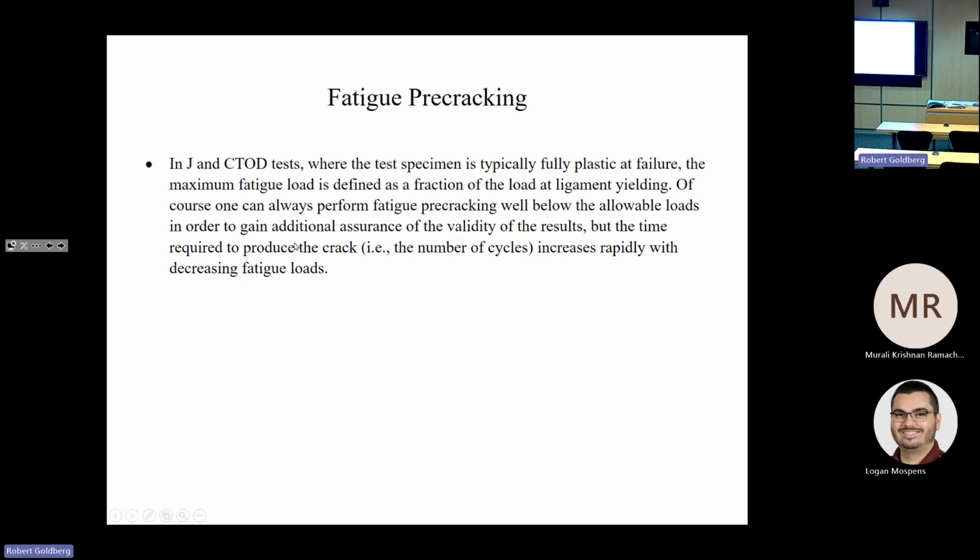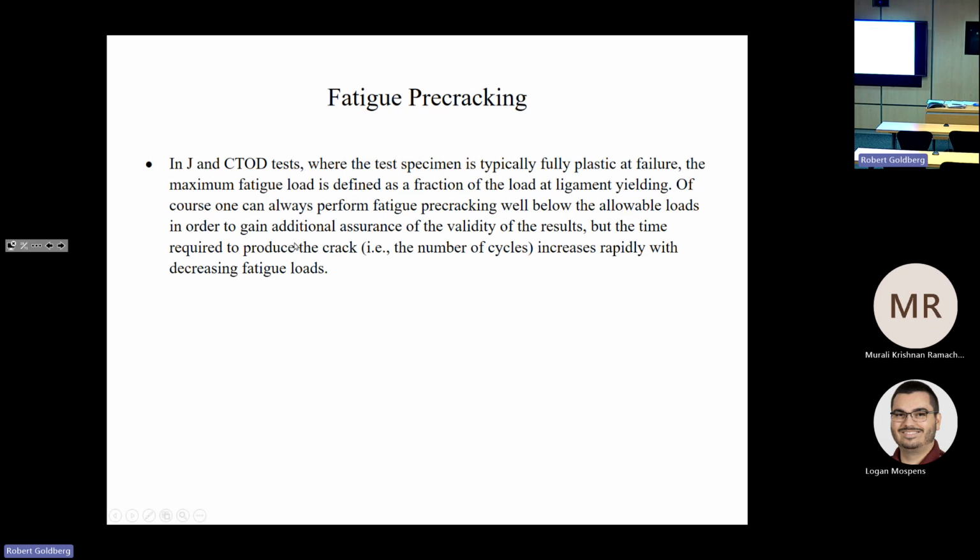Now, you can always perform fatigue pre-cracking well below the allowable loads to make sure that your results are valid, but the number of cycles you need to put the specimen through to get the crack increases rapidly with decreasing fatigue load.